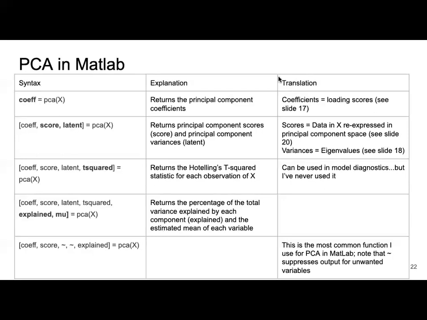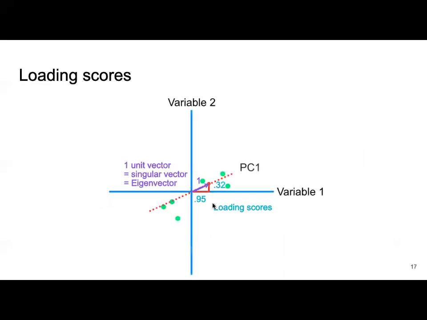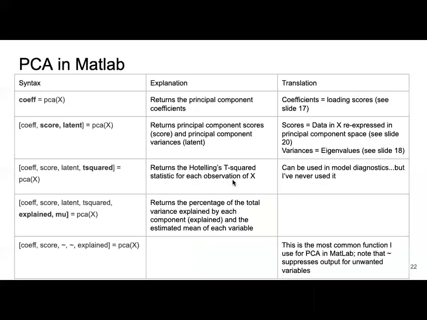This is something that when I first started working in PCA was an unnecessary stumbling block. So the principal component coefficients are what I called loading scores in the previous slide. If we quickly jump back, it's saying that this principal component is loaded by this much variable 1 and this much variable 2. So they are coefficients.